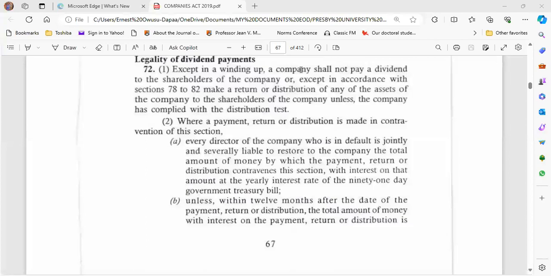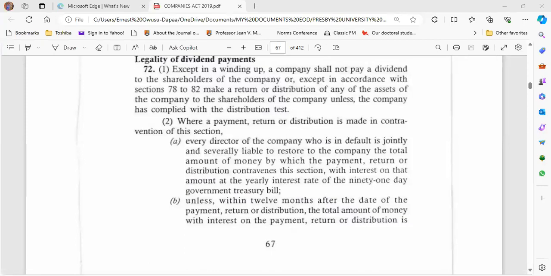So first and foremost, the company must have made profits before part of the profits will be declared as being available as dividends. That is part or portion of the profit made to be distributed to shareholders.